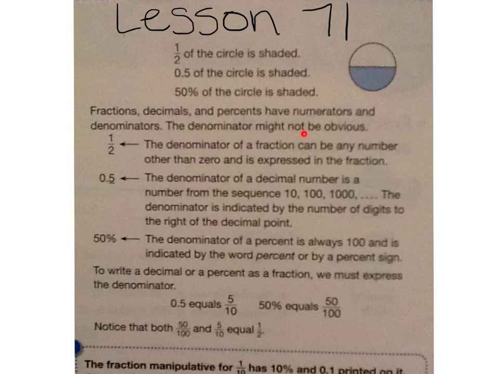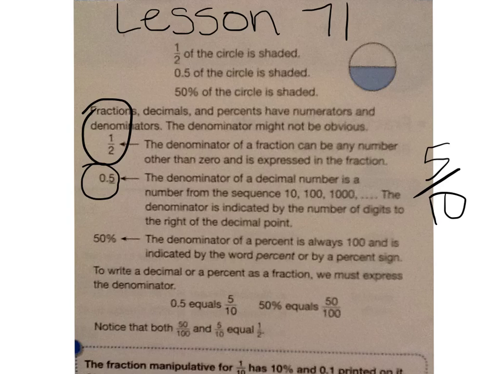The denominator might not be obvious, but as we see here, half, the denominator of a fraction can be any number other than 0 and is expressed as a fraction. However, over here, all we see is a 0, a dot, and a 5, which is written 5/10. And we are used to seeing 5/10 as a fraction.